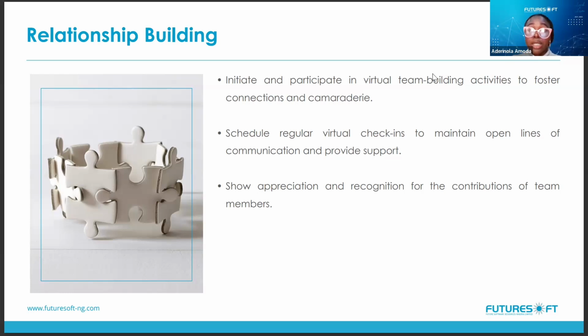Okay, just as at Futuresoft, we usually check in in the morning, 9 o'clock. That way we are showing that we are available. That open line of communication is made evident in such an instance. Okay, so also showing appreciation and recognition for the contributions of team members helps. It builds relationships. Everyone loves to be appreciated.